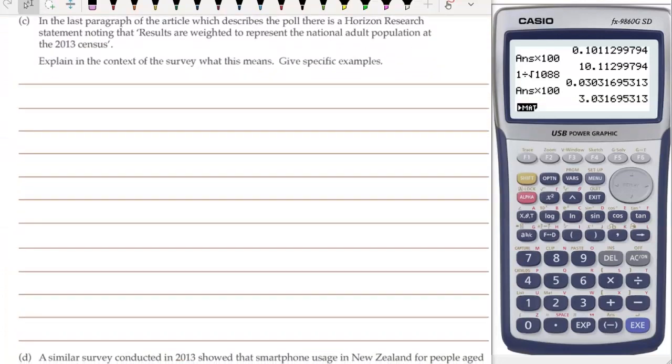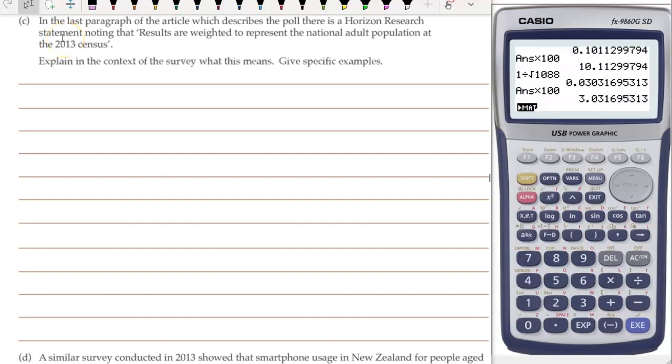This last question about results weighting, we need to explain what that means. So the census data was used to work out the proportions within the population. And in particular, we can think about the male-female split, because that's what this article has been talking about, differences between men and women throughout.